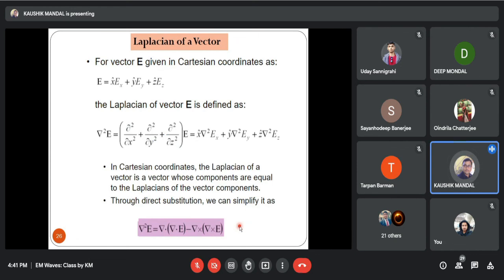So these are the basic overview regarding the gradient operator, or you can say the del operator. Then we have discussed the divergence of a scalar quantity, then the curl of the vector. Then one by one we have discussed the Stokes theorem, the divergence theorem, the Laplacian of a scalar quantity and the Laplacian of a vector quantity.